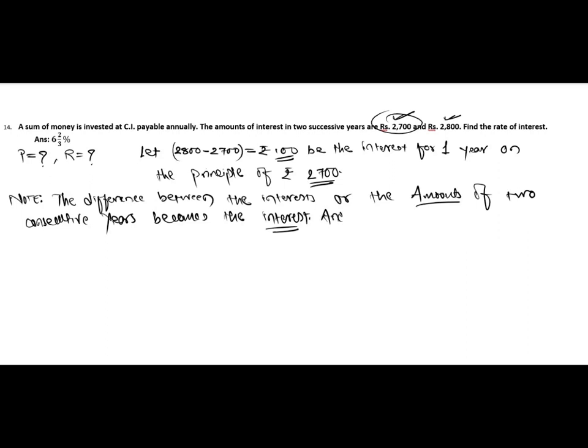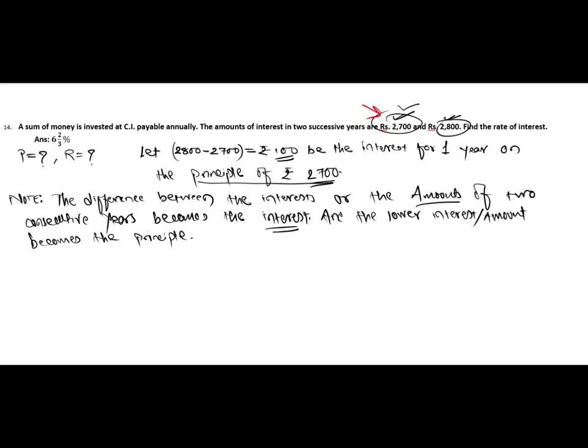And the lower interest or amount, which is the lower out of 2700 and 2800, which is the lower interest out of 2700 and 2800? 2700. So the lower interest or the lower amount becomes the principal. You understand why I have taken 2700 as principal?